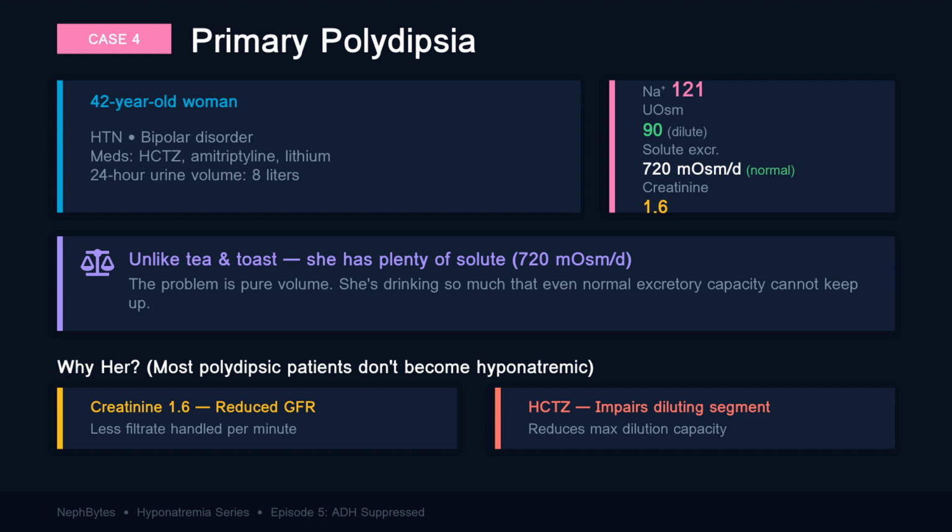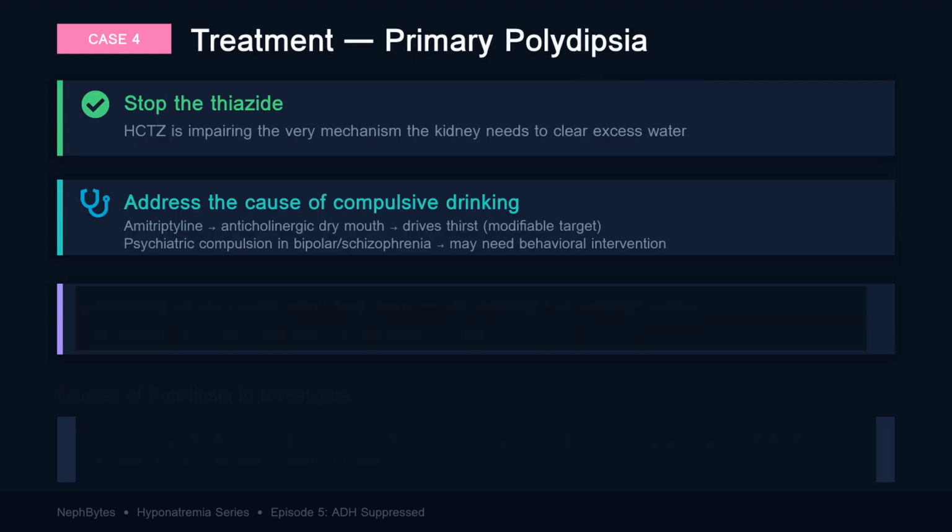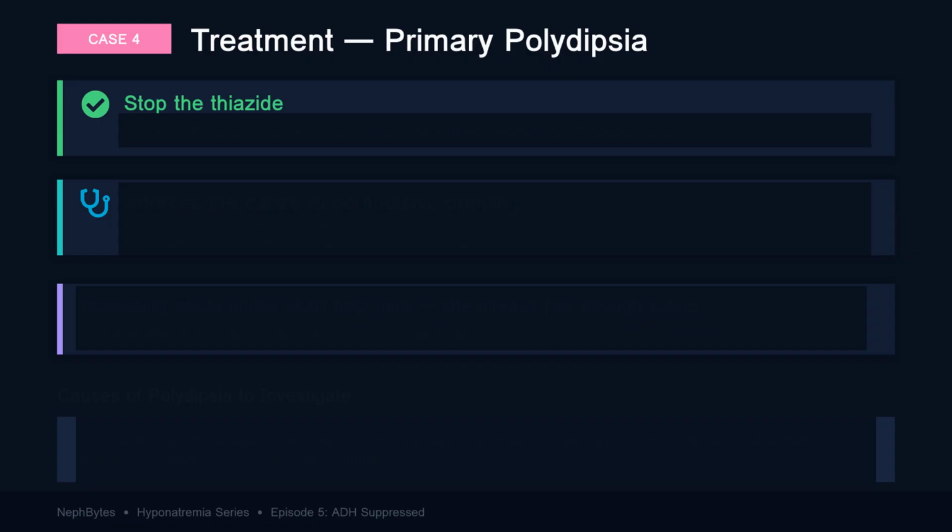Anticholinergic medications like amitriptyline cause dry mouth, which drives thirst and water intake. That's a modifiable target. Psychiatric compulsion to drink is another mechanism seen in bipolar disorder and schizophrenia, sometimes requiring behavioral intervention. The treatment is to address the water intake, stop the thiazide.